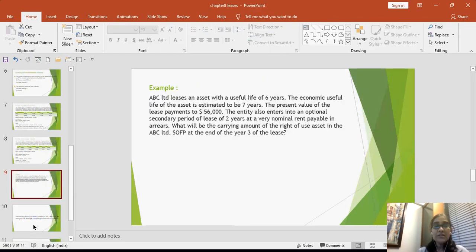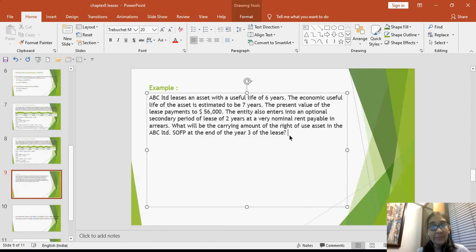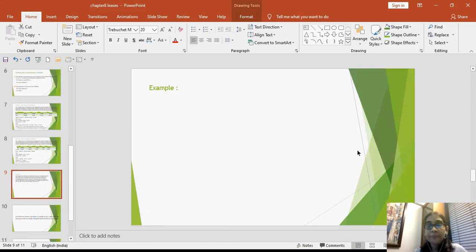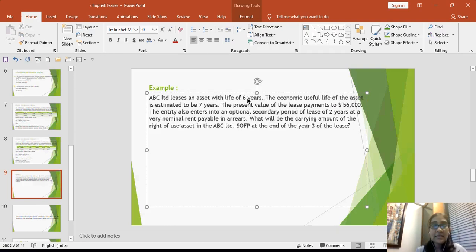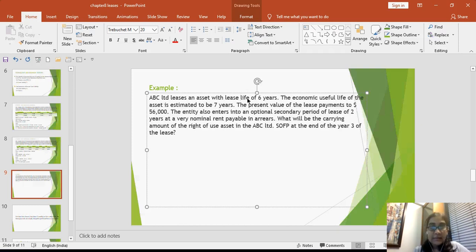Now let's go to the next example here, which relates to how to identify the period over which you're going to depreciate the asset. Okay. Now, in this case, ABC Limited leases an asset, not the useful life, for a lease period of 6 years, right?